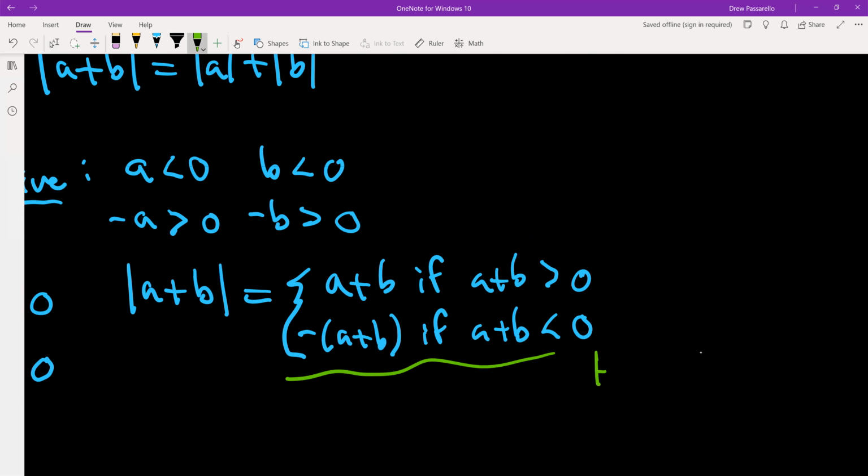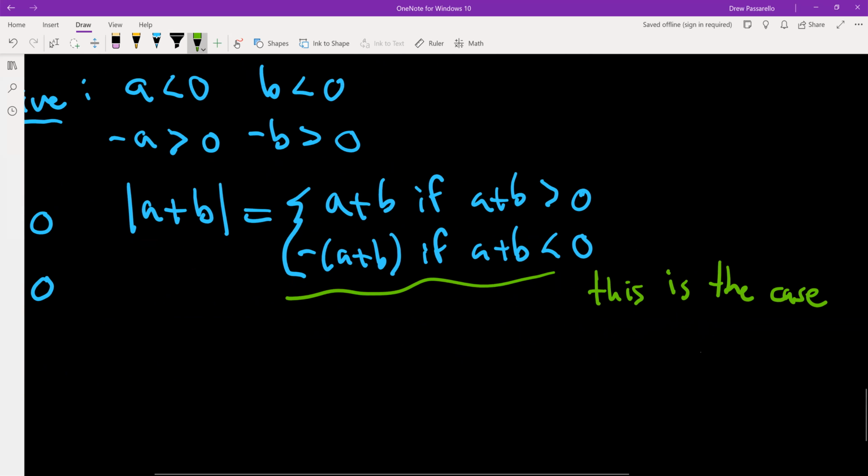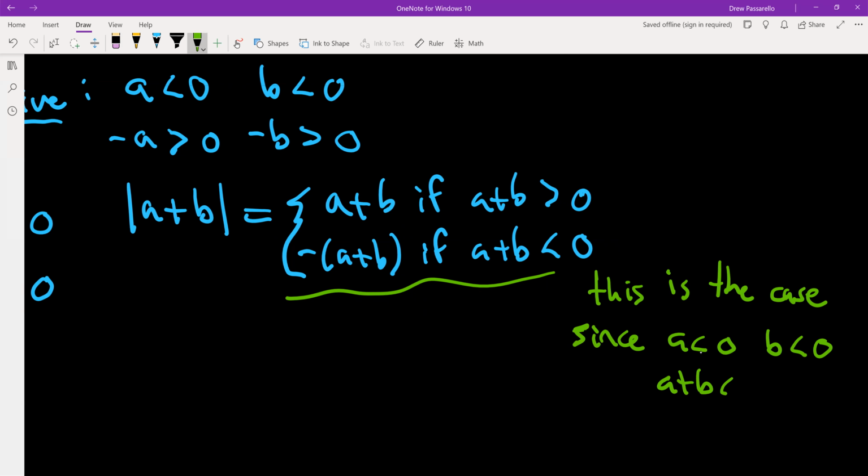So this is the case for this part, since the sum of two negative numbers, a and b, is a negative number. So since a is less than 0 and b is less than 0, a plus b is negative. So we have the absolute value of a plus b is going to be equal to negative times a plus b.